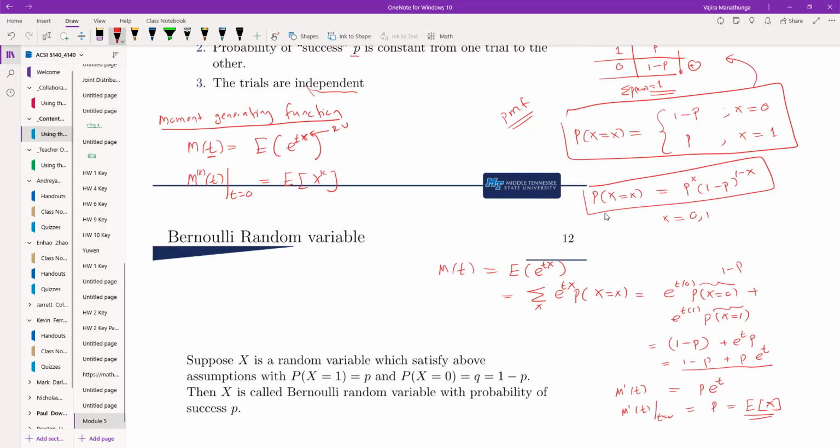By the way, you can see that it doesn't matter which derivative you take; it's always going to be p times e to the power t. So the kth moment for this particular distribution always ends up as p, because when you evaluate at 0, it's going to be that. From there you can get the variance.